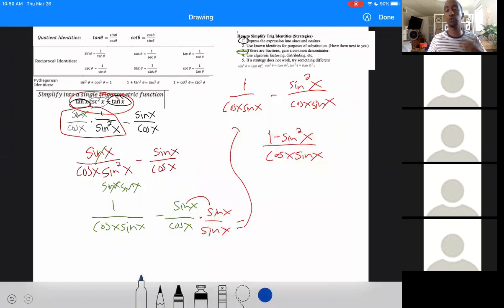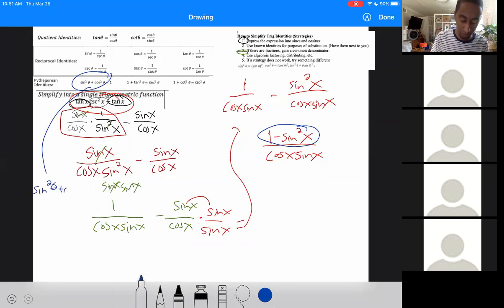Ideas. Well, let me tell you, we can. Isn't the 1 minus sine squared of x like the first Pythagorean identity?